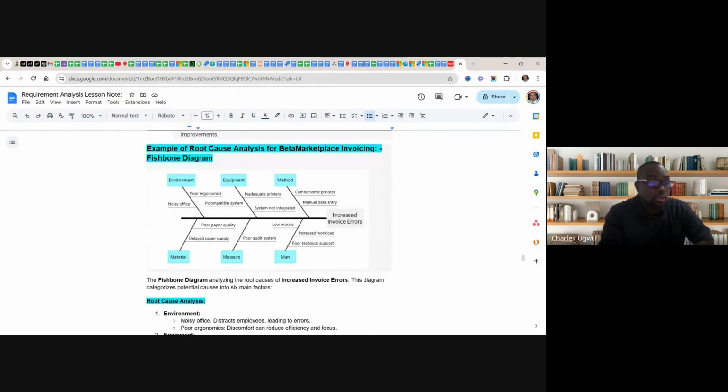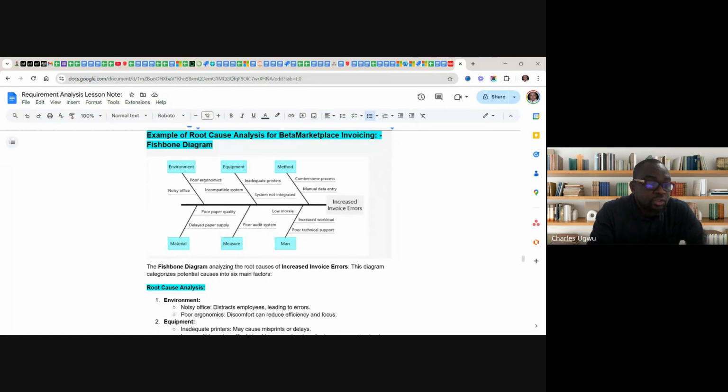Looking at this, it might be untidy on your own, but by the time you get the lesson note, you will see it very well. Don't worry. The problem here is increased invoice error.